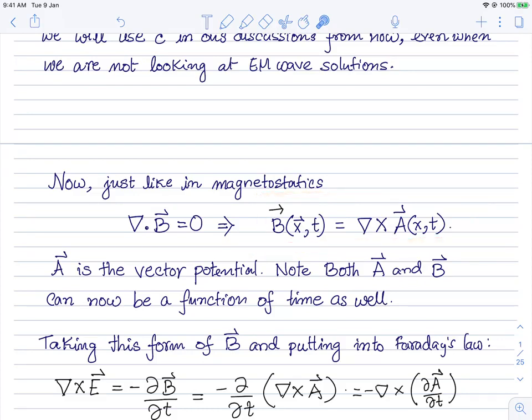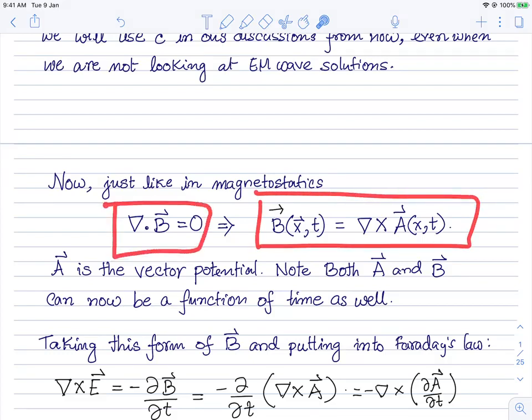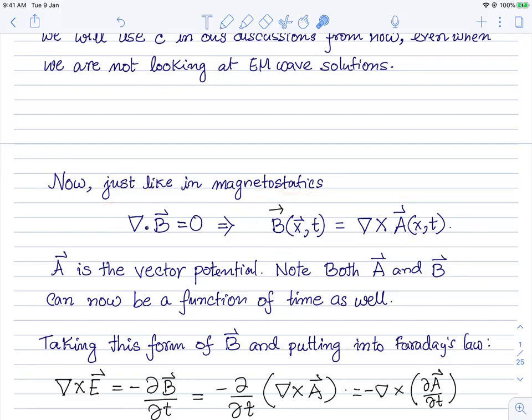This is the same thing that happened in magnetostatics, but we can do this even when the magnetic field is time dependent, because even in that situation, the magnetic field has vanishing divergence. So we can always write the magnetic field in terms of the vector potential, and the only new thing is that the magnetic field as well as the vector potential can depend on time. That is the only new thing in our discussions now.